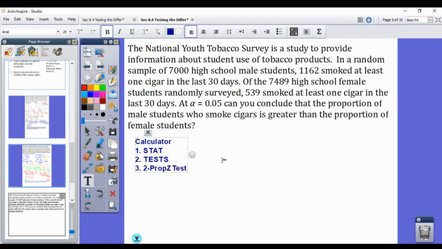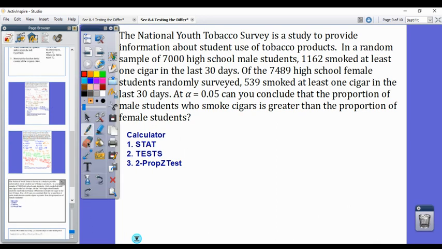Okay, so some things to keep in mind when you're doing this, you still need to know what kind of claim you have. We have a random sample of 7,000 male students. I'm going to call that N1. 1,162 of them smoked one cigar in the last 30 days, so that's going to be X1.